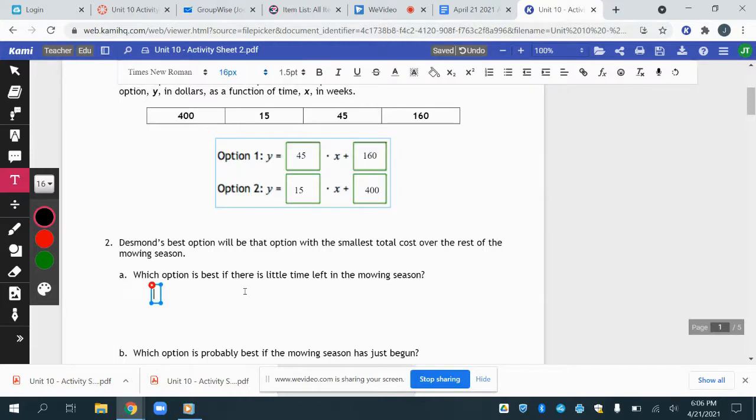Well, if there is little time left, then I would repair the old mower.